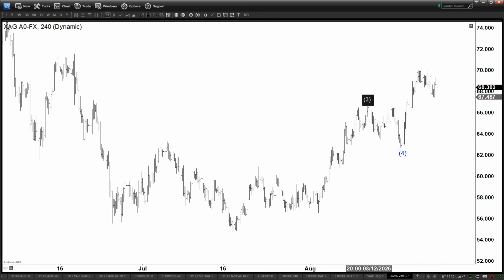Now, I think by looking at this, you can sort of figure out where is the 1 and 2, right? The 1 and 2 should be here. I think it's this one or this one. I think this one is the low. This is lower than this.